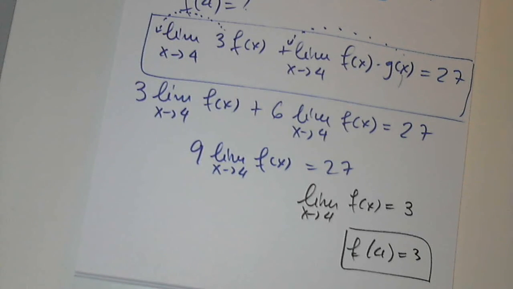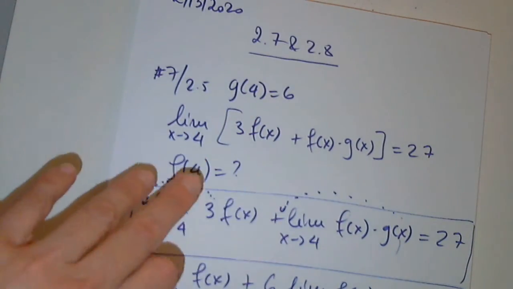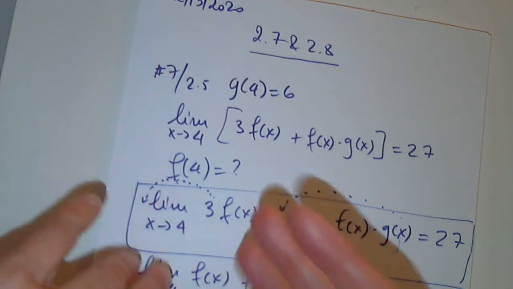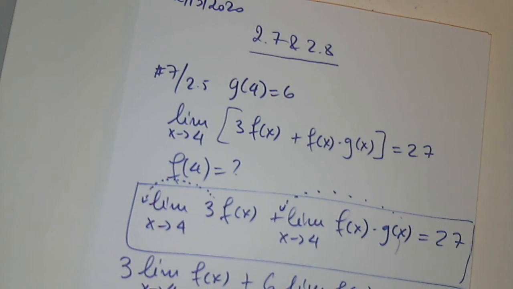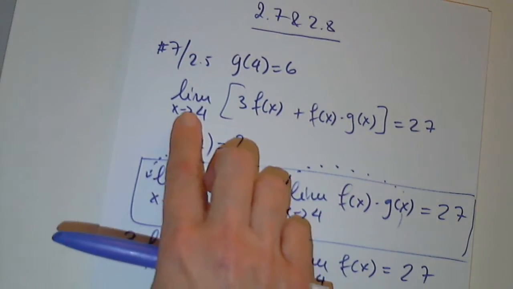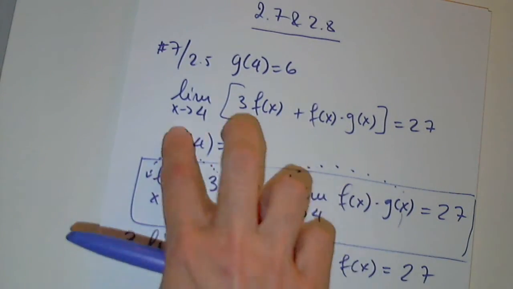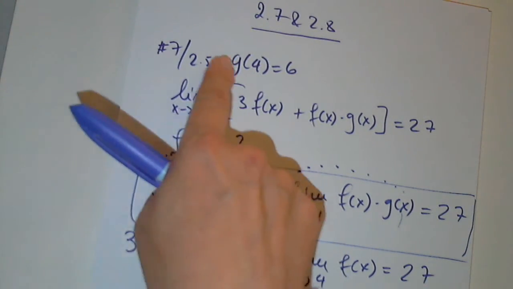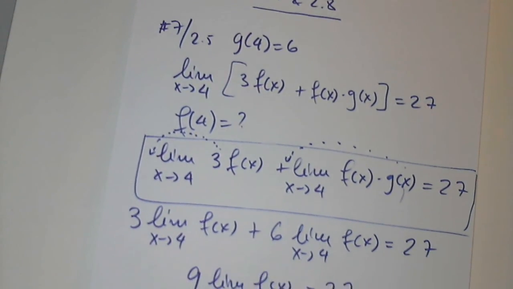Actually, yeah, I had trouble on this one too. Okay. So we're given g of 4 is 6, and we're given this equation. Since the functions are continuous, they're telling us that we can apply the limit laws. First I applied that the limit of the sum is the sum of the limits, and also that the constant comes outside.